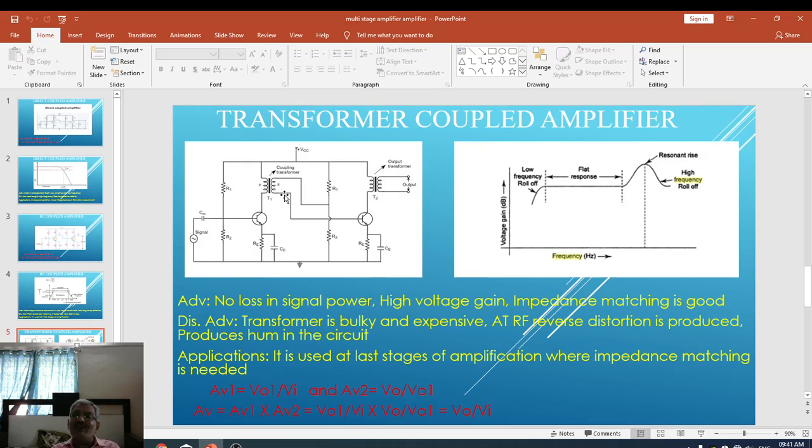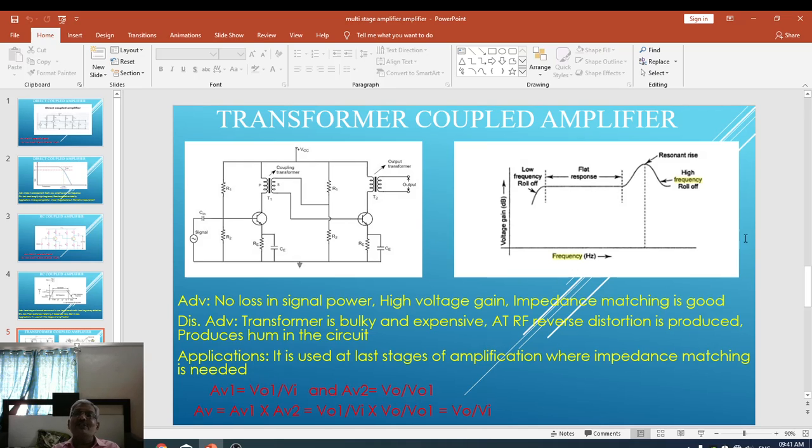If we use it for radio frequency, then frequency distortion may be produced. And if we use it in a power amplifier circuitry, especially in audio circuitry, it may generate hum in the circuit. So these are the disadvantages. Regarding applications, it is used in the last stage of amplification where impedance matching is necessary.